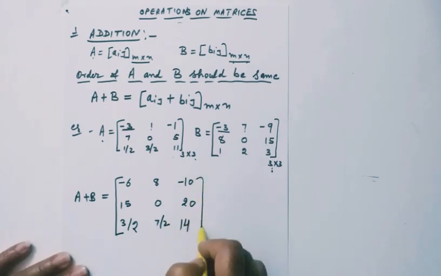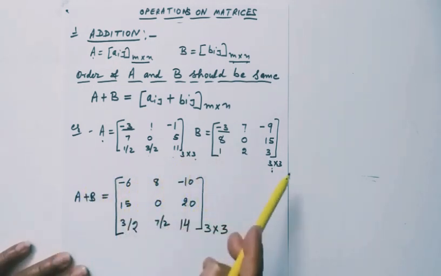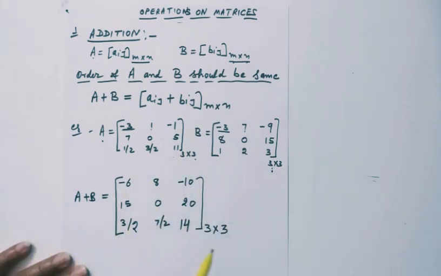So now you can see, students, this is the sum of the two matrices A and B. Now you can notice one more thing, that if the order of A and B is 3 by 3, then the order of A plus B is also going to be 3 by 3.